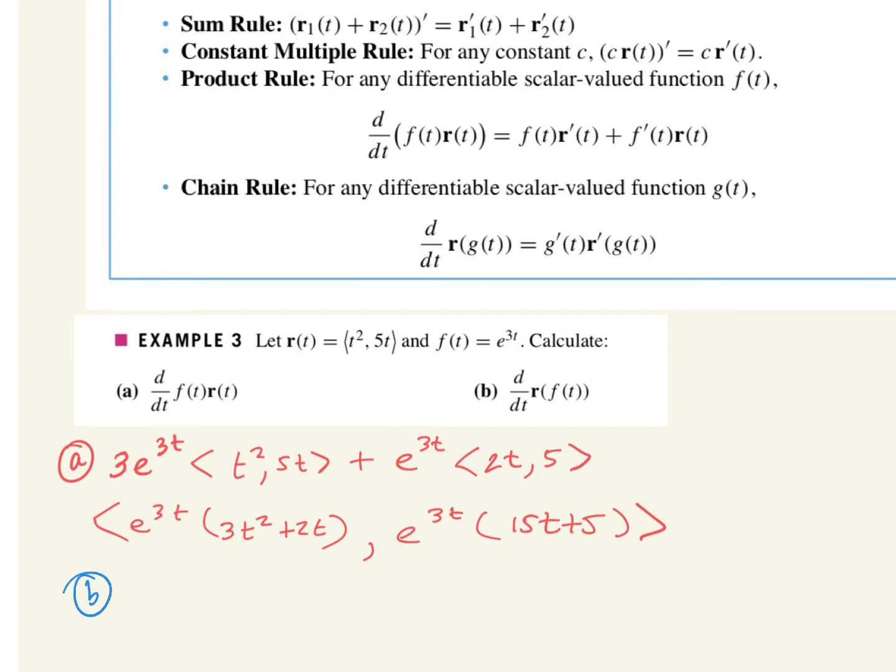Part B, using the same f and r, is the chain rule. What is the derivative of r of f of t? So we need r prime of f of t times f prime of t.